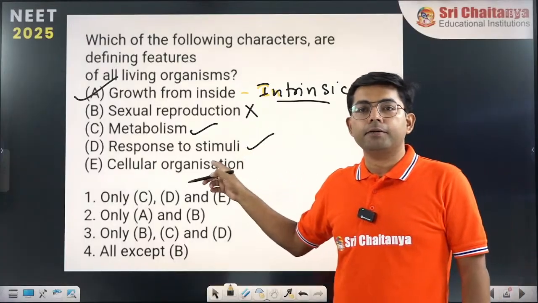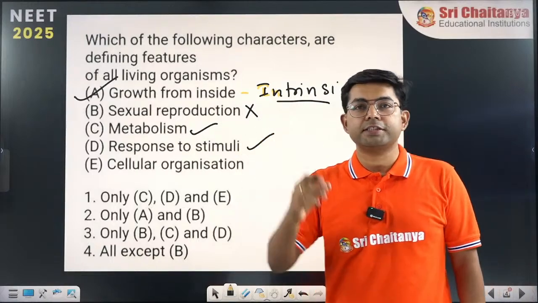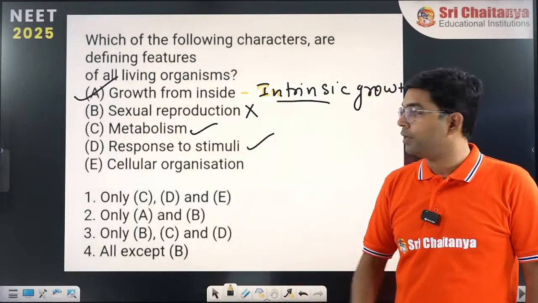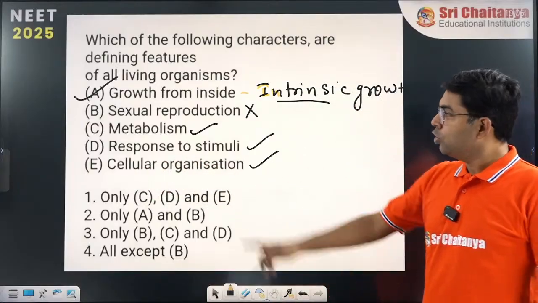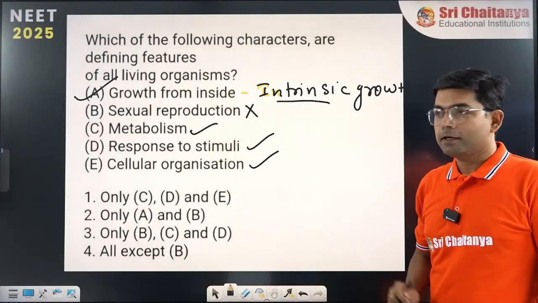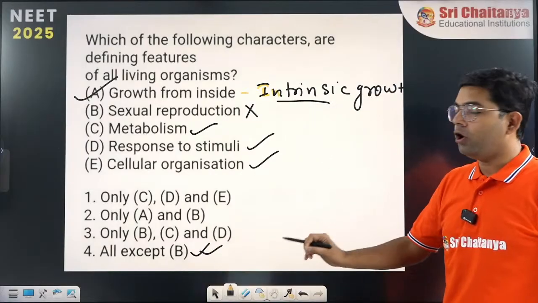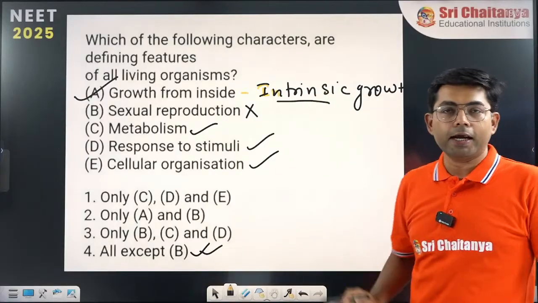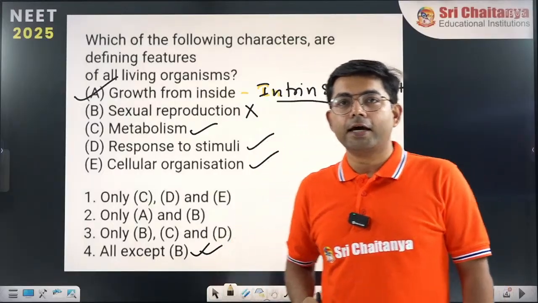Response to stimuli can be called consciousness, so it is also a defining feature. And cellular organization is also a defining feature. So A, C, D and E are correct, and B is wrong. So this option justifies: all except B is correct. All of you who have answered 4, your answer is correct.